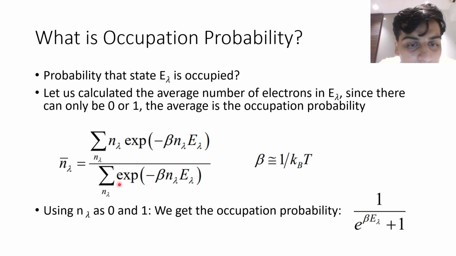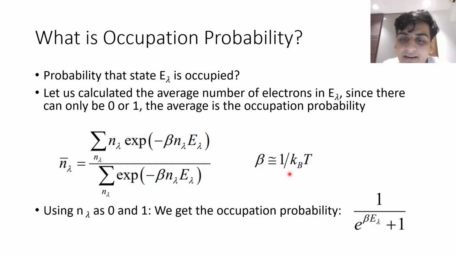The reason we have n lambda inside the exponent is that the probability that n electrons happen to be in a certain state, if we consider them to be independent events, is the product of the probabilities, and when you have that product in the exponent, it gets added up. That's why you have n lambda here.